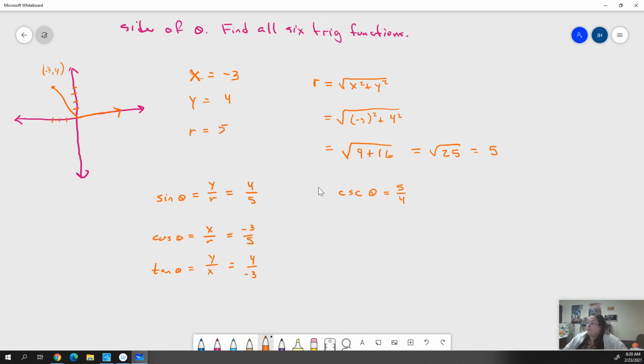Secant is the inverse of cosine, so we would have 5 over -3. And for cotangent of theta, it's just going to be x over y, so it's just -3 over 4.